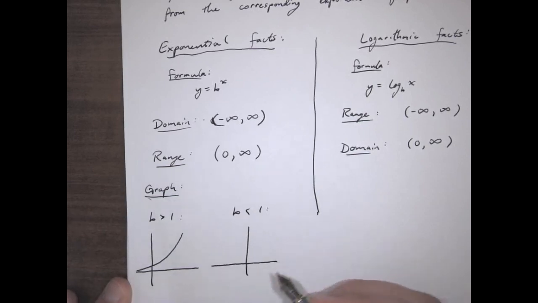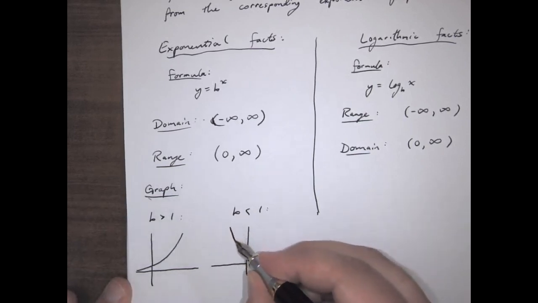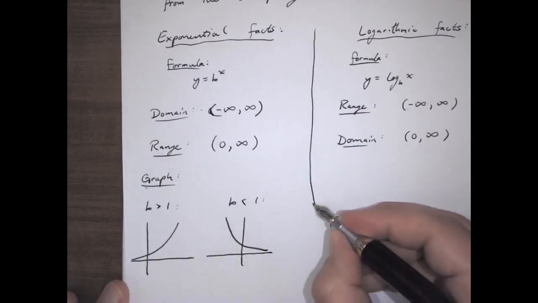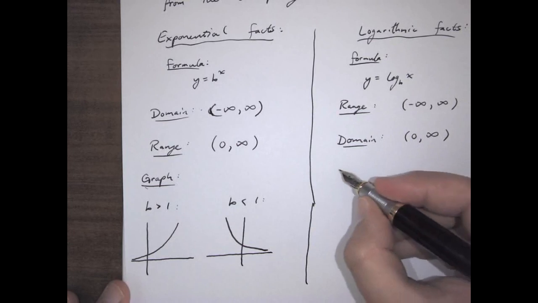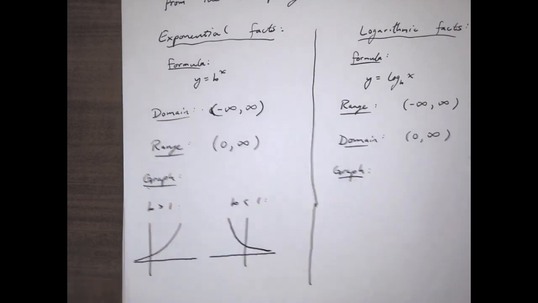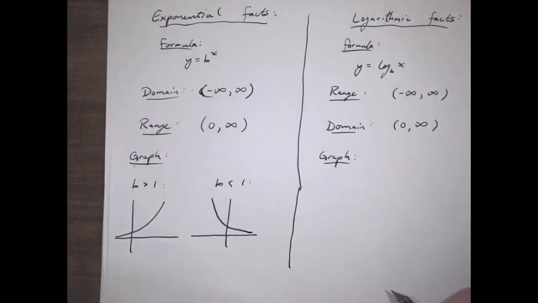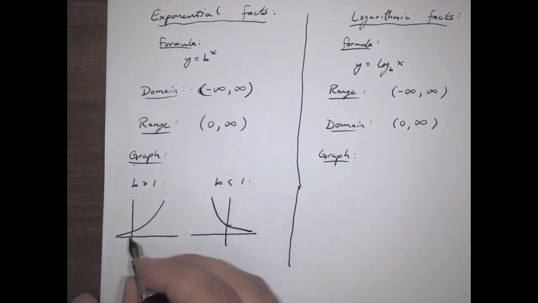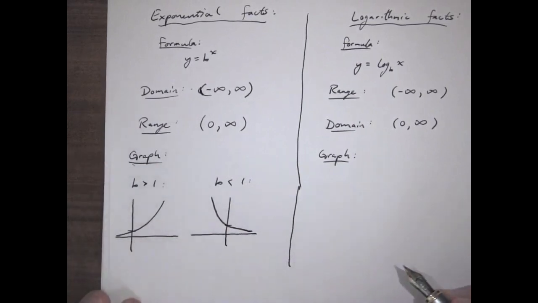It's exponential decay. But now let's think about what the graph would look like in the inverse. So the inverse situation would turn every horizontal fact into a corresponding vertical fact and vice versa.